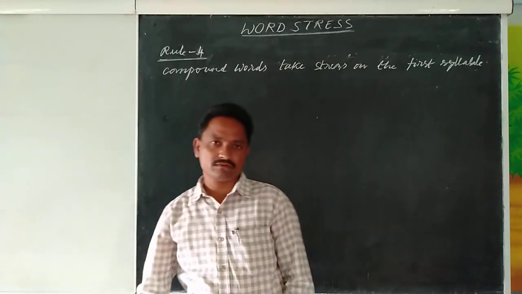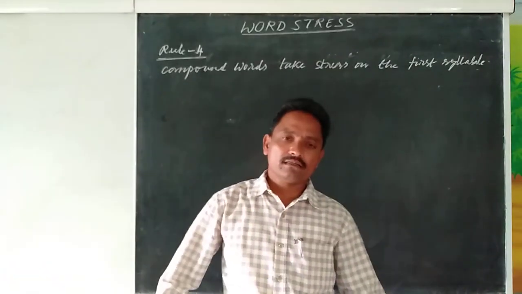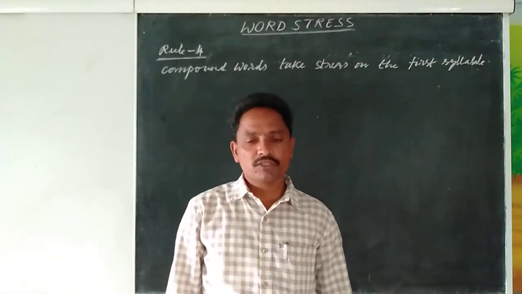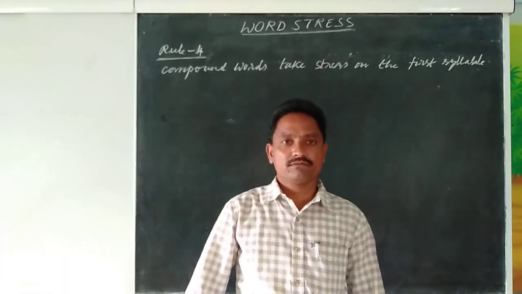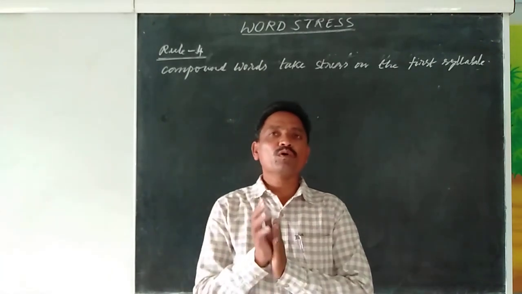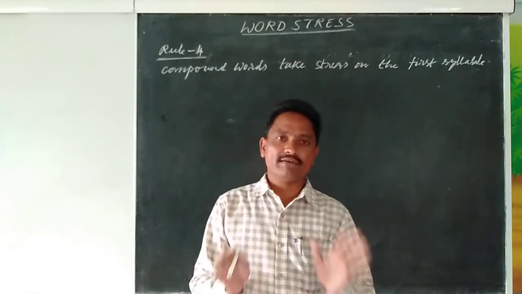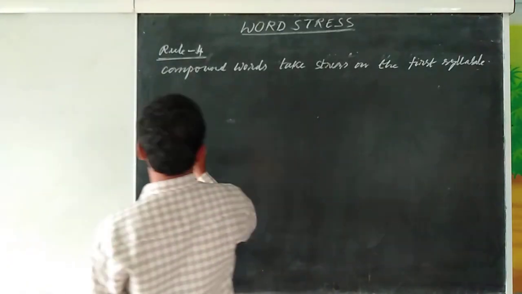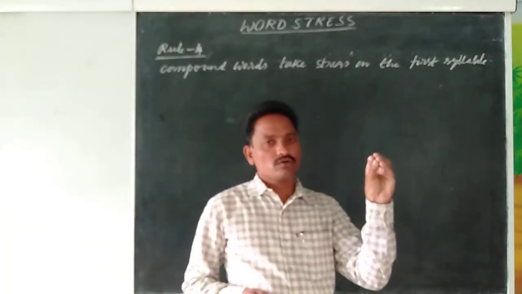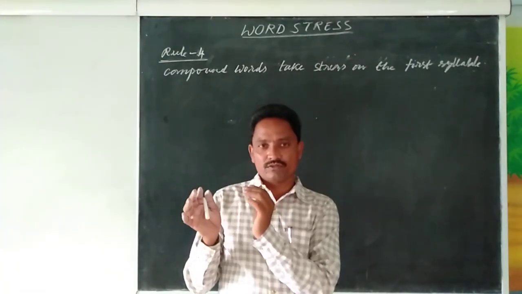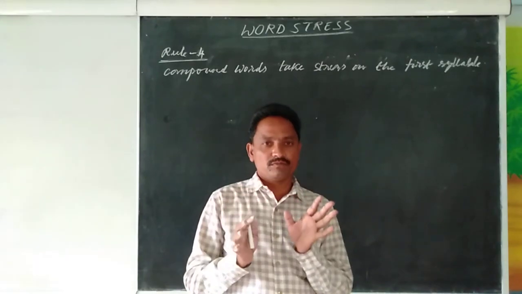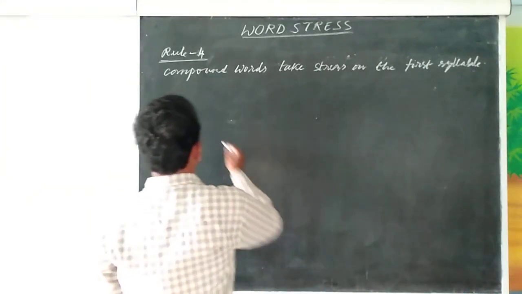Compound words. Already in last class I taught you what is compound word. In compound words, more than one word, more than one syllable is given. You know compound words, right? Suppose book, one word, shop, another word. Together, bookshop. This is called compound word.